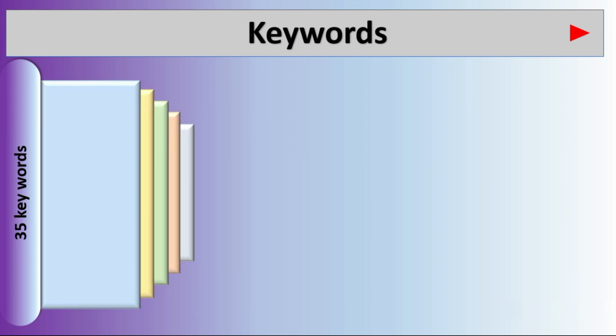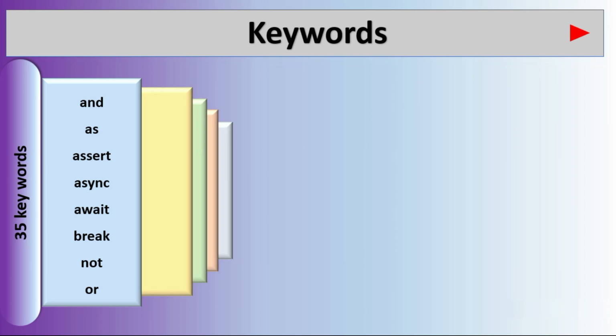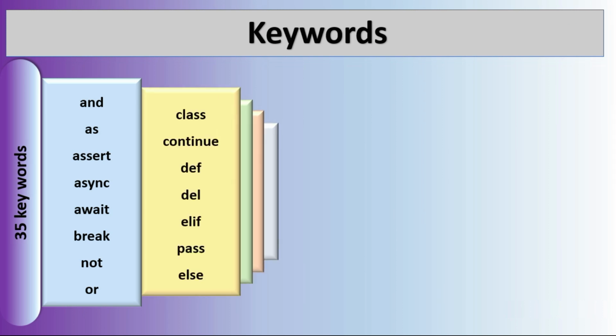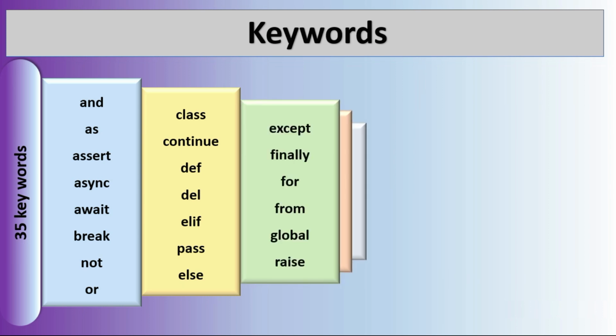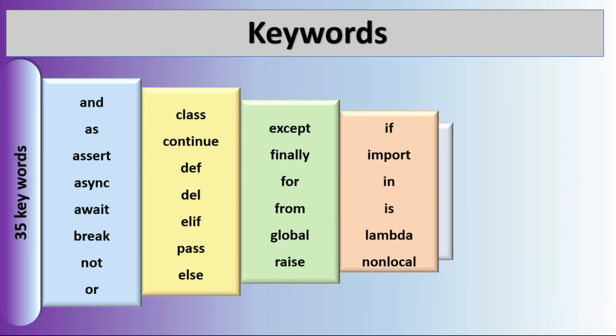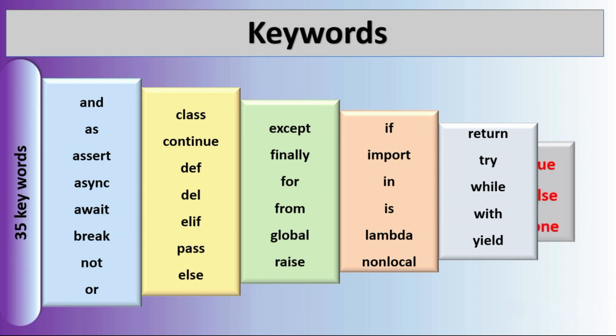They are like this: and, as, assert, async, await, break, not, or, class, continue, def, del, elif, pass, else, except, finally, for, from, global, raise, if, import, in, is, lambda, nonlocal, return, try, while, with, yield, and finally True, False, None.